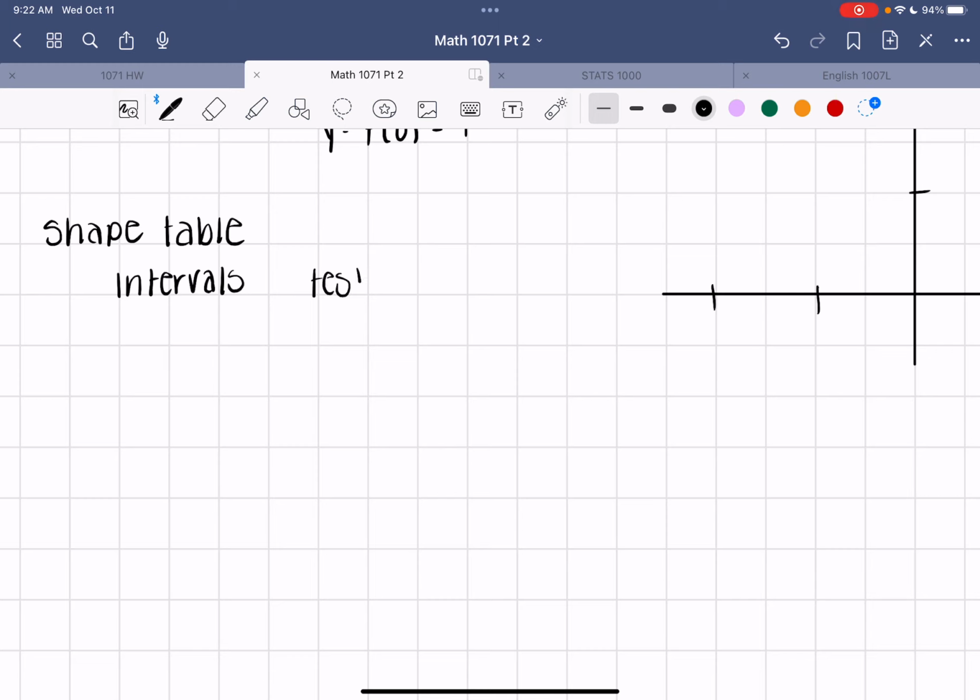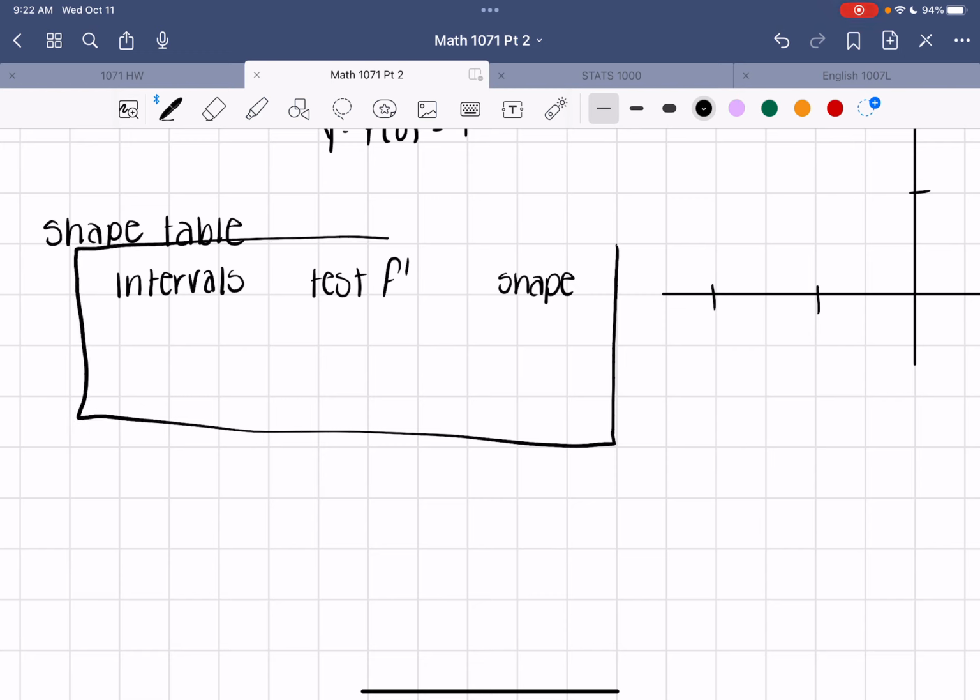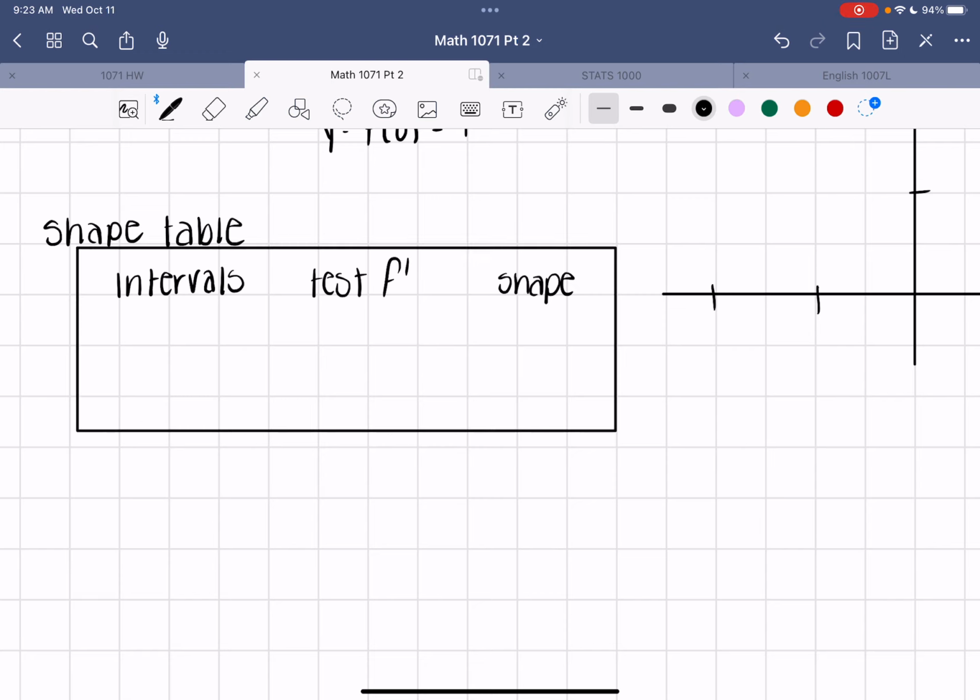F prime of -1 becomes -2 times -1, which is +2, times e to the, well, that's always positive. That's a positive number, and so my shape is increasing. And f prime of, say, +1, that would be -2 times +1, that's -2, times e to the -1, a negative number.